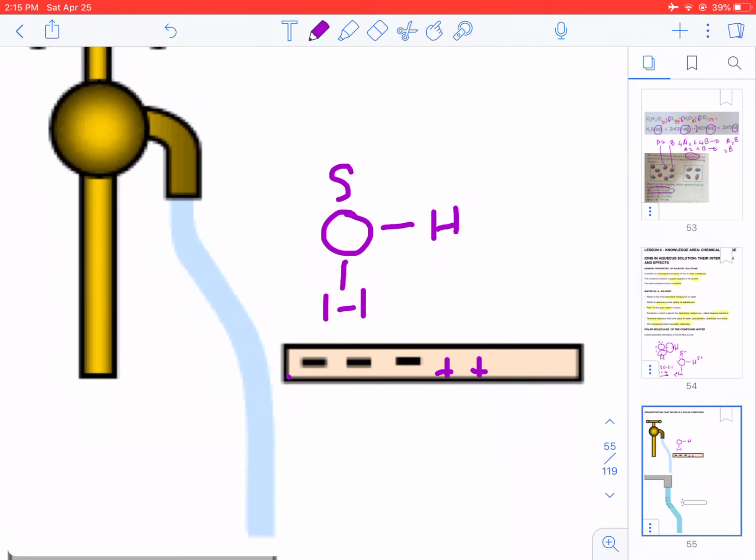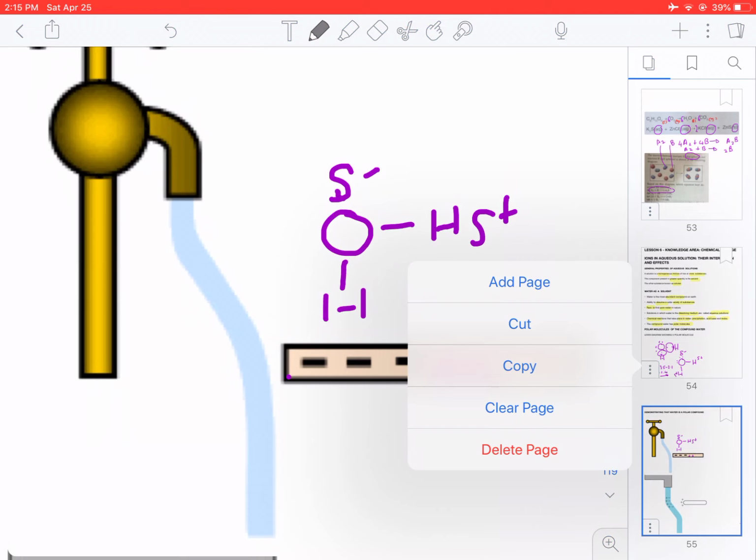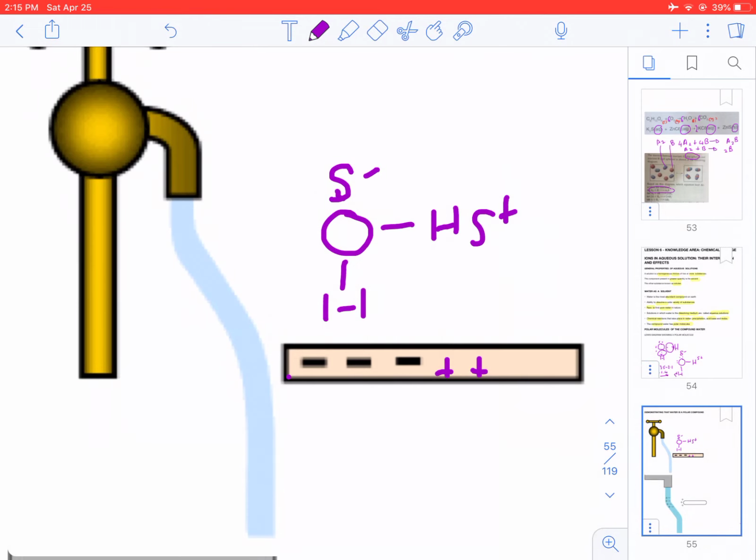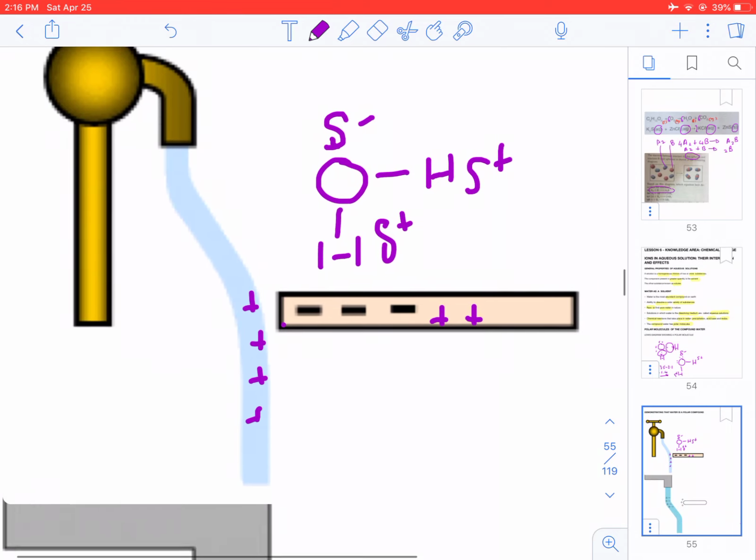So we know that this end is partially negative and this end is partially positive. Because the rod is negatively charged, the positive ends of the water particles get attracted to this particular rod.